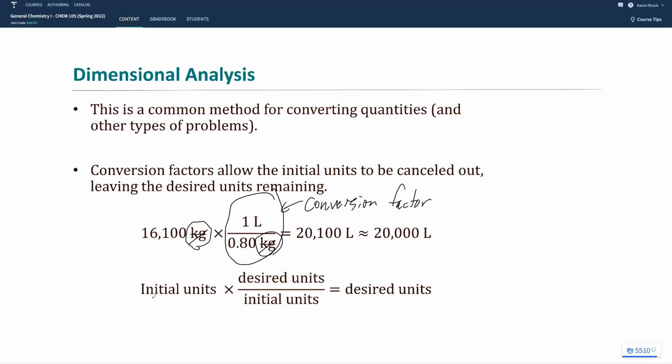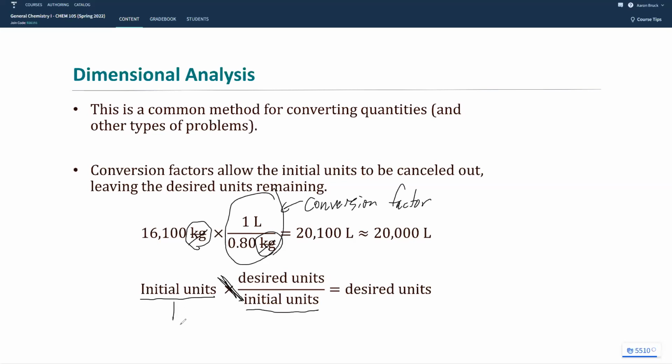It always goes off of this framework where we take what we are interested in and multiply it by a conversion factor that puts the unit that we are interested in getting rid of opposite the unit that we are starting with. So if that unit is in the numerator, then that unit will be in the denominator of our conversion factor.